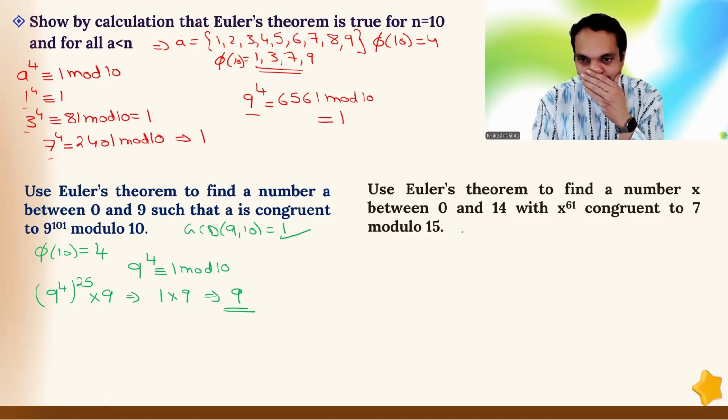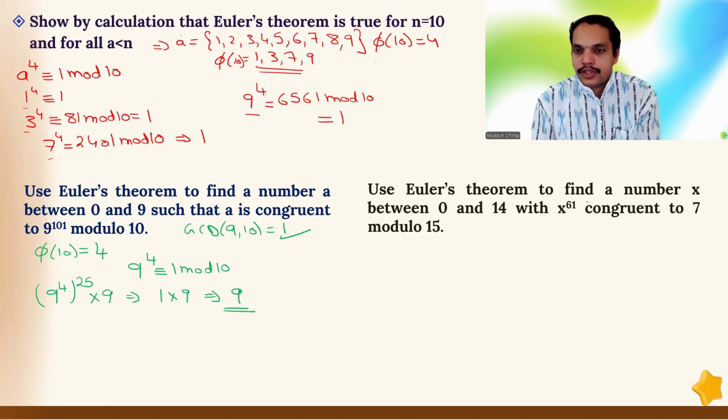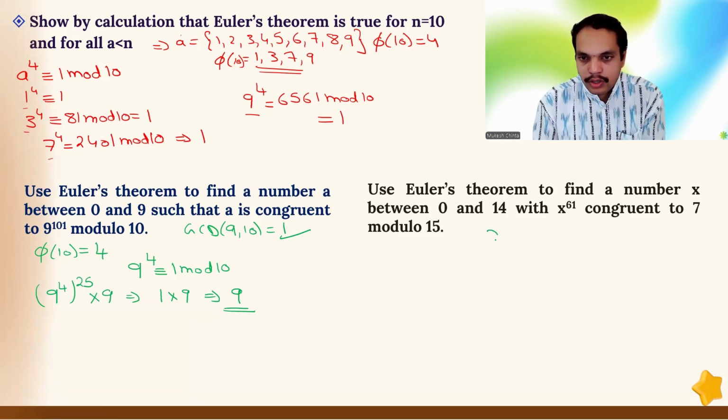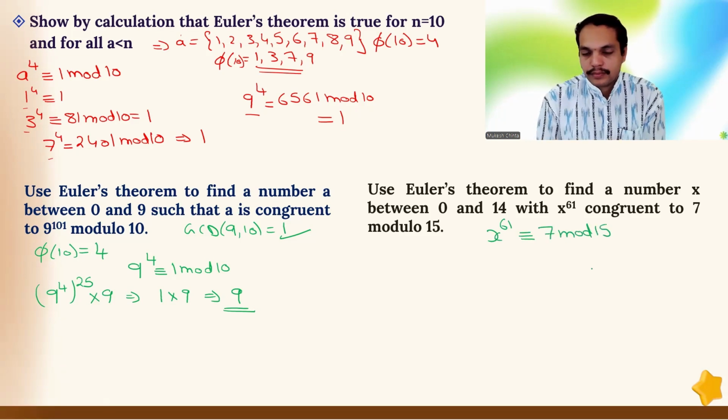Similarly, there is another simple one, which we can write as x power 61 congruent to 7 mod 15, isn't it? Now I have to check whether 7 and 15 are relatively prime or not. Okay, fine, they are. Then what is phi of 15?